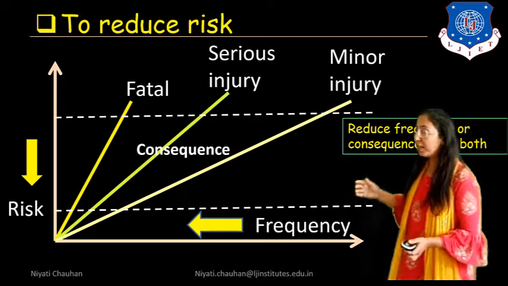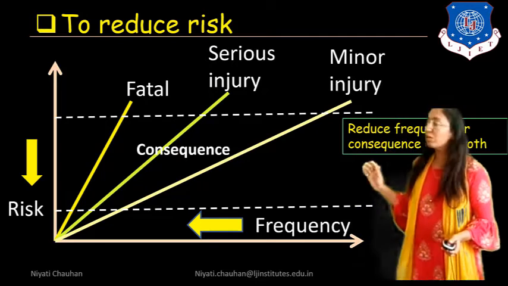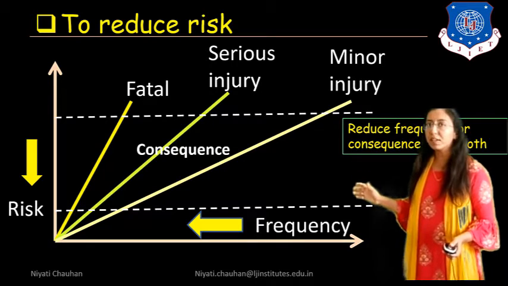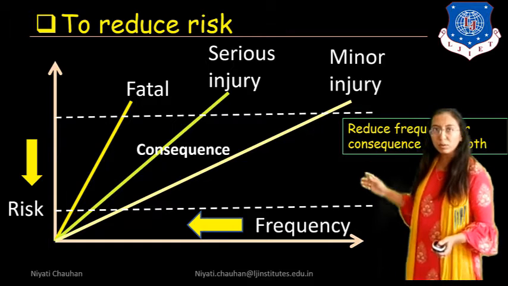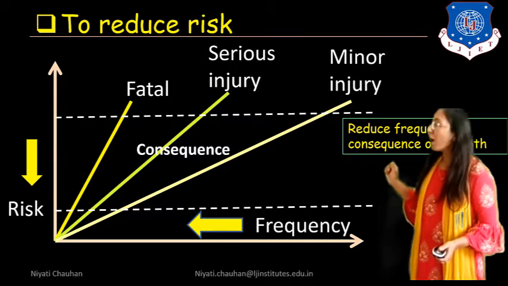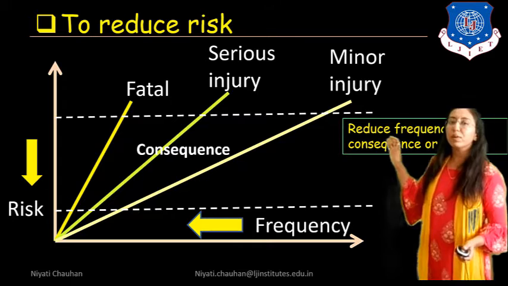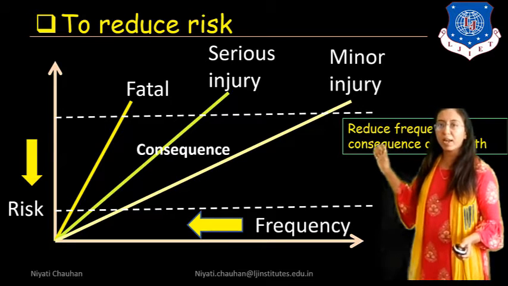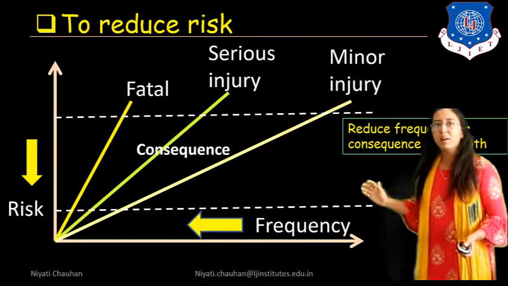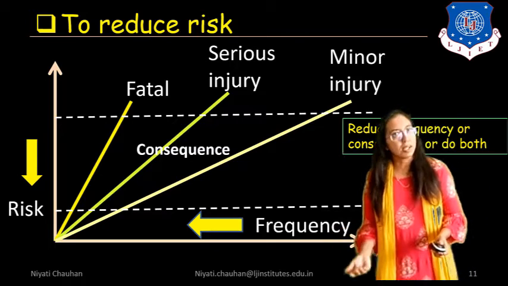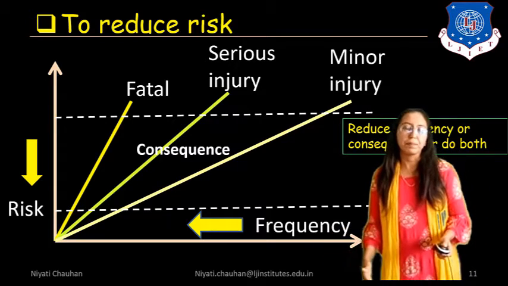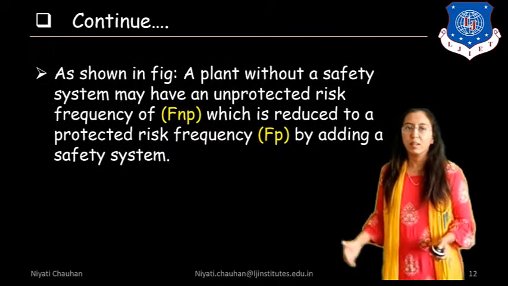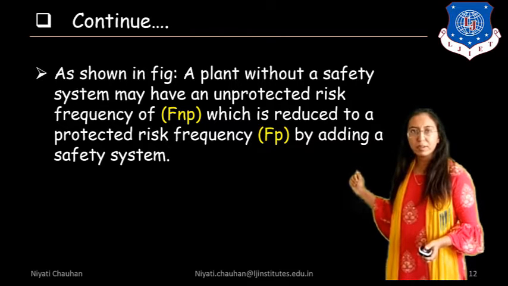Okay, so you can see in the graph. So we know the equation risk is equal to frequency times consequence of hazard. So if we reduce frequency and consequence, then we can reduce risk in our plant, as shown in the figure, right?